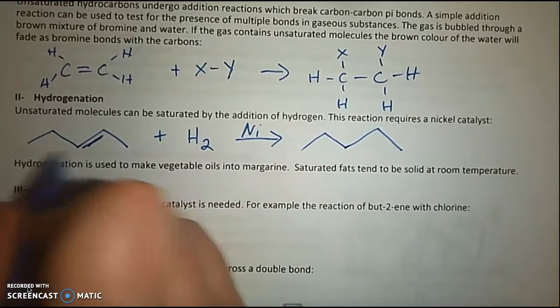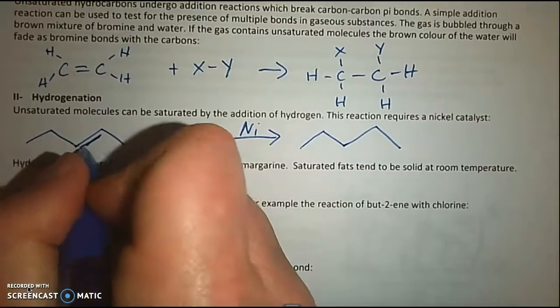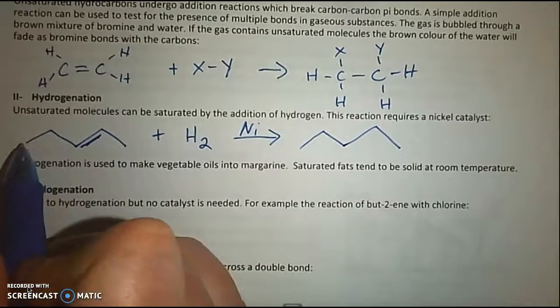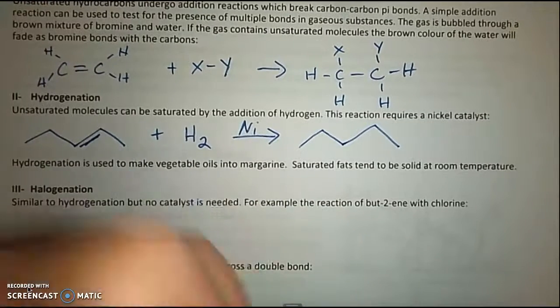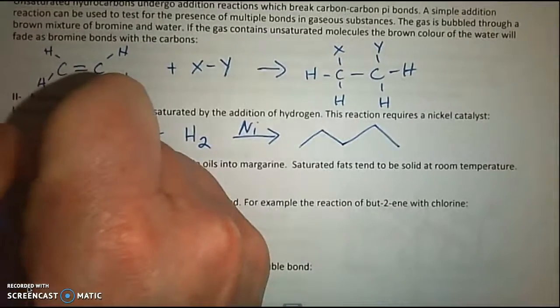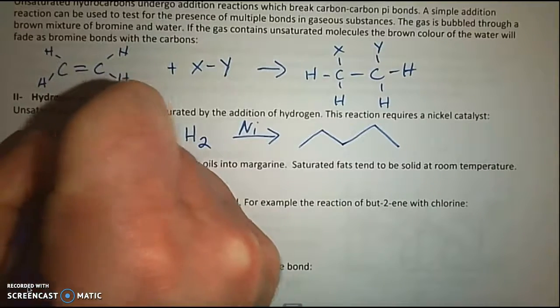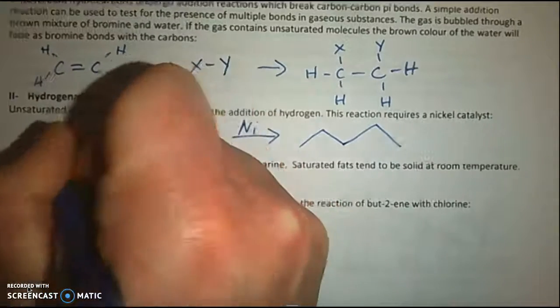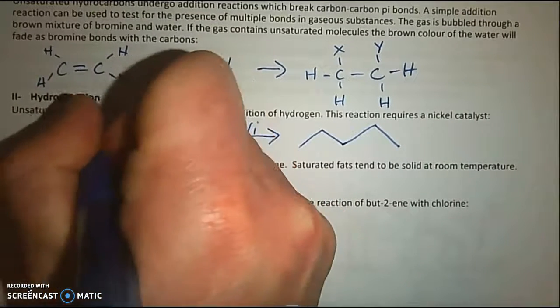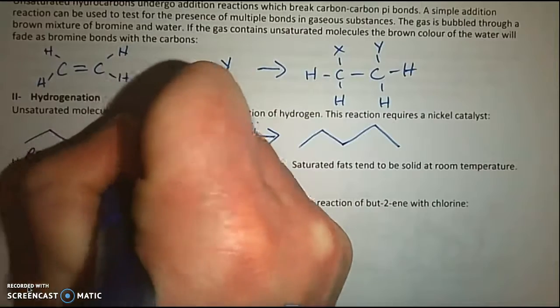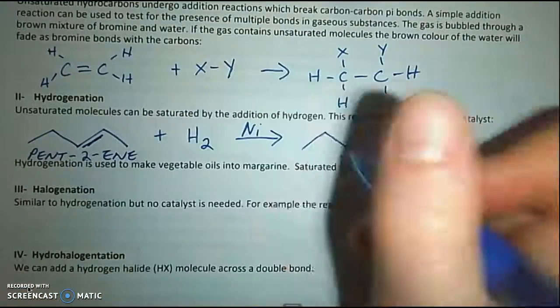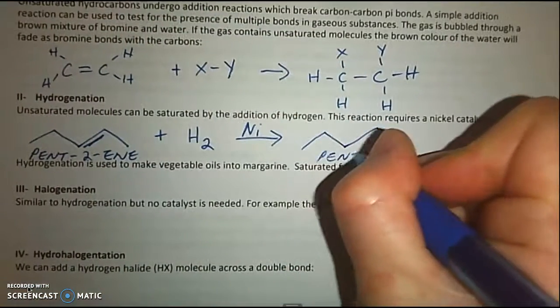Okay, so here, if you wanted to practice your naming, you might recognize that this has 1, 2, 3, 4, 5 carbons. So it's pent, and then 2, because I would count from this side to get the smaller number, ene, and when I hydrogenate it, I end up with pentane.